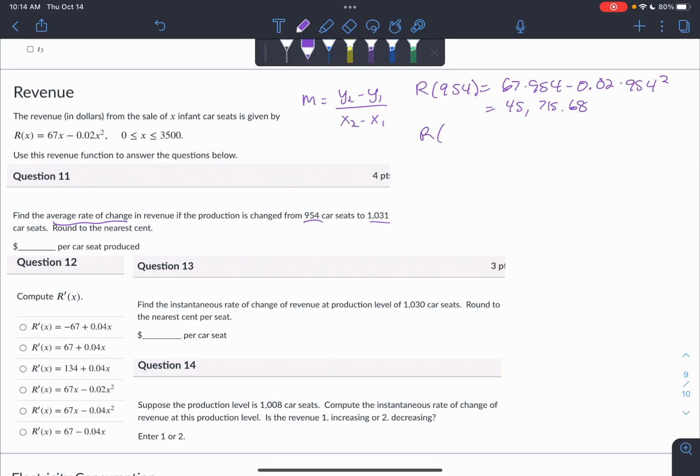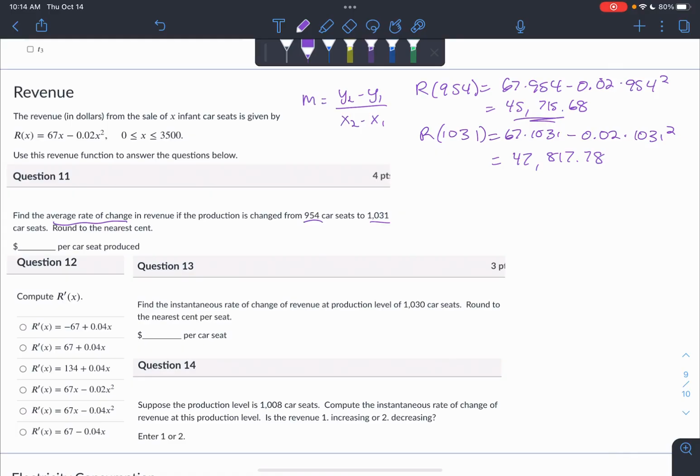Now let's plug in our other input: 67 times 1031 minus 0.02 times 1031 squared. This comes out to be 47,817.78. So then these are our 2 points, where we can put this one in the numerator.